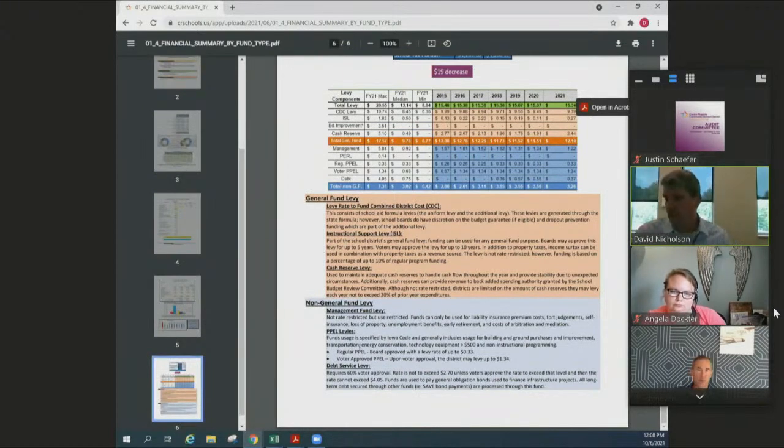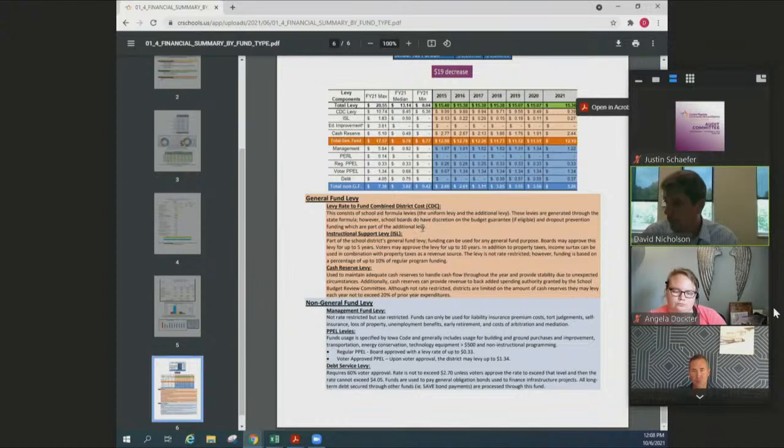So when you look at the general fund, it is basically funded by enrollment counts and a district cost per pupil, which is set by the state. So our enrollment is the main factor in determining our budget, okay? Enrollment plays into the funding formula, which is part of the combined district cost.